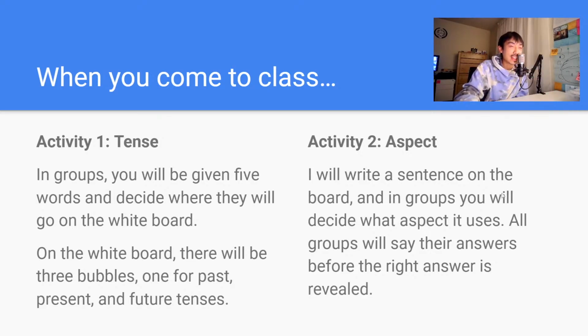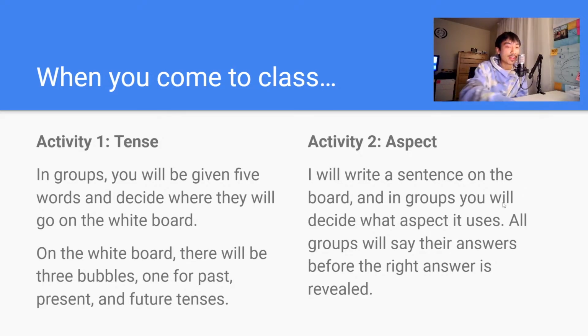And for the second activity, you'll be in groups again, and I'll write a sentence on the board, and we will all decide together before we reveal what aspect it actually uses. We'll all decide and discuss which aspects we think it is in groups, and once we all give an answer in the group, then we will reveal what aspect it is and talk about it.